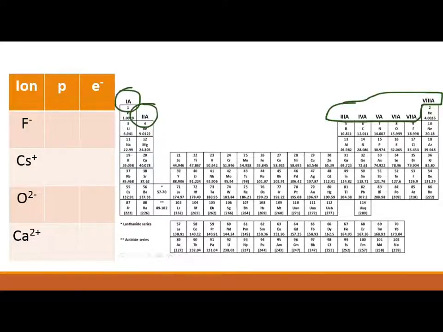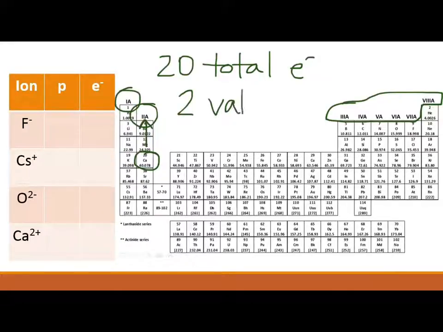So if I'm talking about something like calcium, notice that it's atomic number 20, so it has a total of 20 electrons. But most of those electrons aren't on the outermost shell, right? In fact, if you look at the top of the column, you'll see that this is in column 2A. So it only has 2 valence electrons.